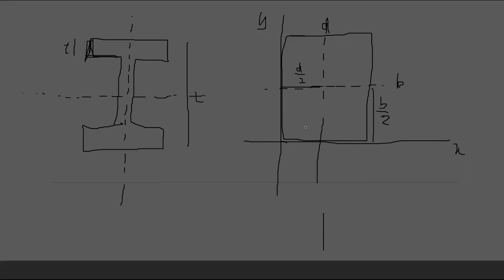So if this is L, the distance to the centroid is L by 2, nothing changed. If this is B, it is going to be B by 2, nothing changed, right? So the total load acts at the exact middle.